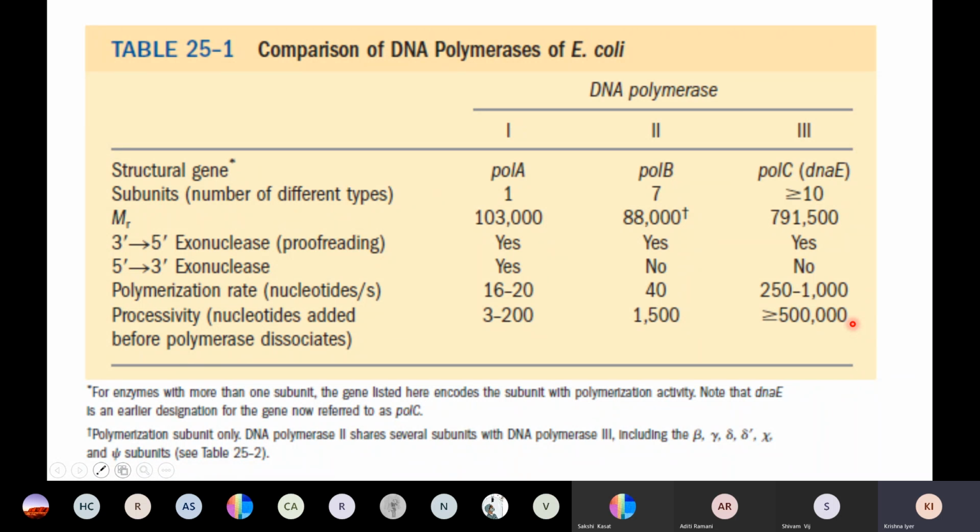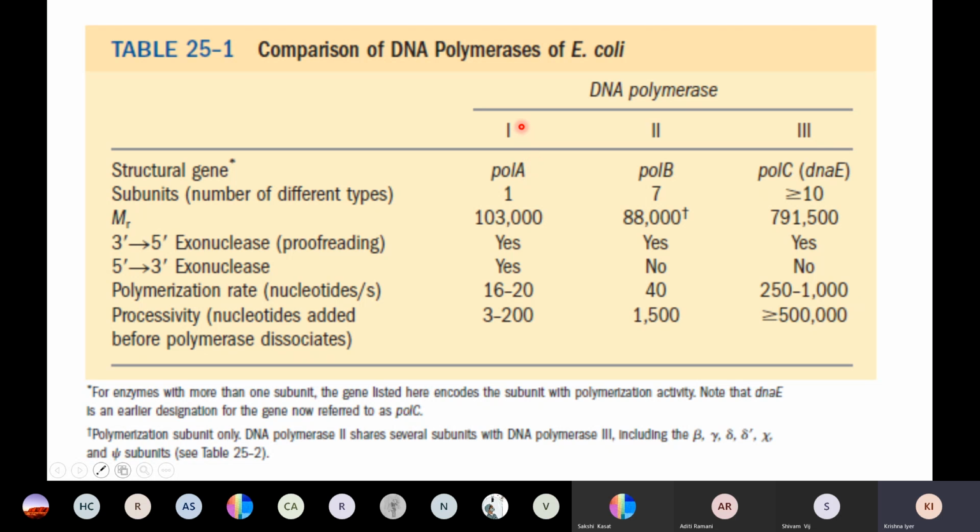Okay, so as of today, it is now known that the main polymerase which actually does DNA replication in E. coli is not the one which was discovered first, which is DNA polymerase 1, but it is actually DNA polymerase 3. Okay, so what is the role of DNA polymerase 1?